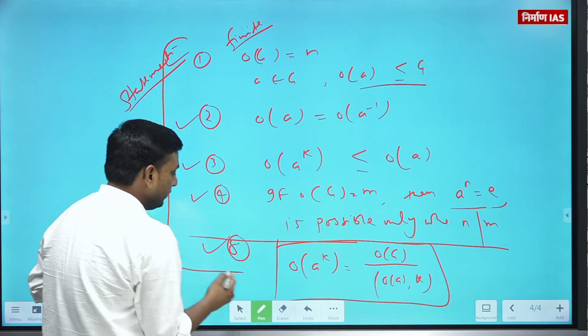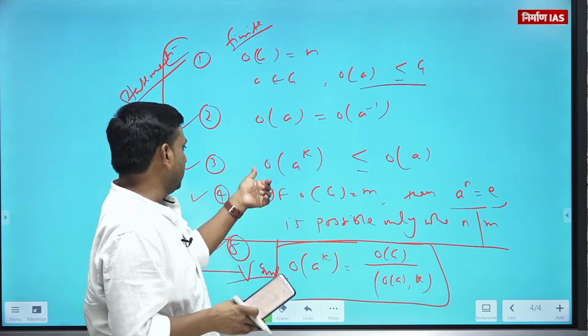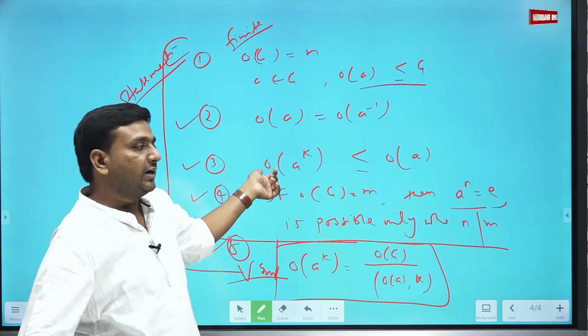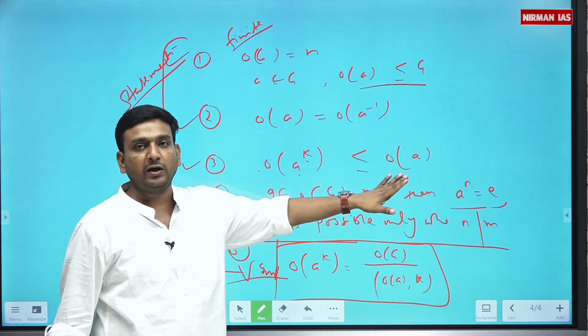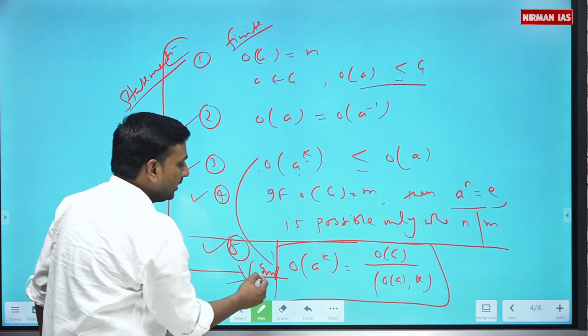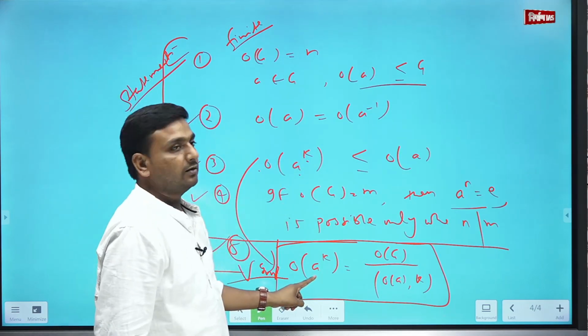This is a very important formula. It is stated in that statement that the order of any integral power of a must be less than or equal to the order of a, and more precisely here is how to calculate the order of an integral power of an element a.